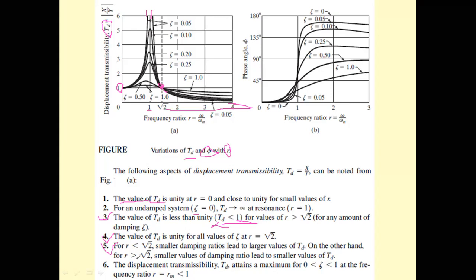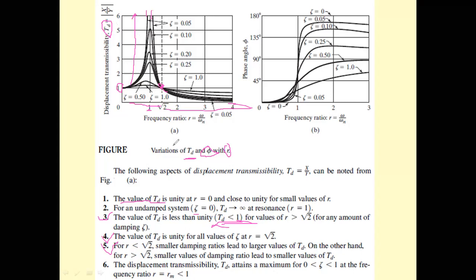Then when r is less than root 2, in that condition, for zeta equal to 1, this is very low. And when the value of zeta increases, the damping ratio increases, and the displacement transmissibility TD also increases.